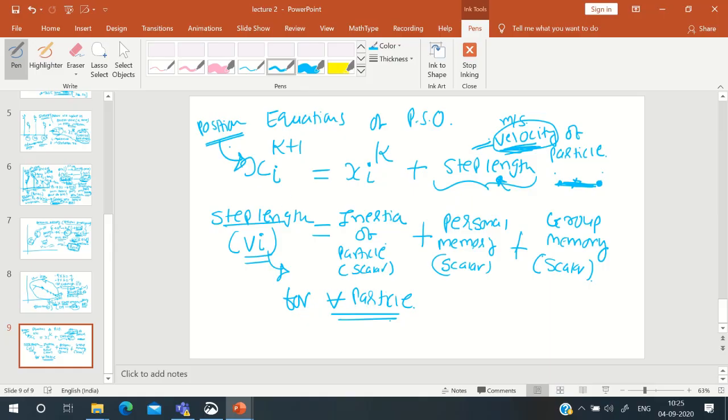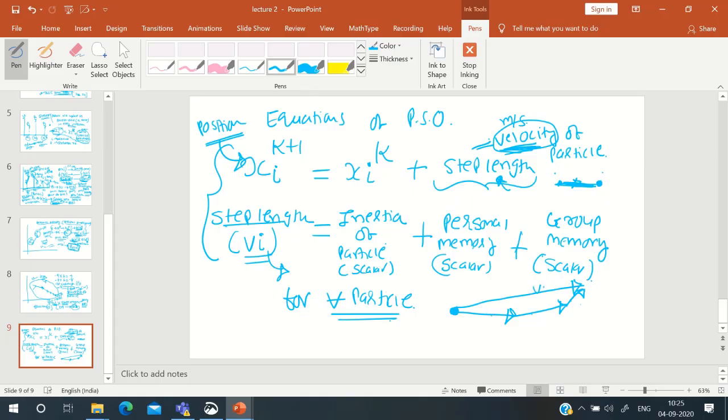So these are the equations of PSO. Now let us see mathematically. Now I draw a graph. So this is the old position. Now old position plus this inertia term, then plus personal memory, then the group memory, this vector plus this vector plus this vector will give you the step length.